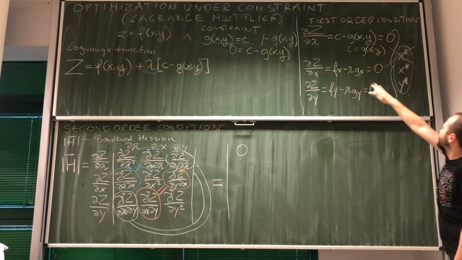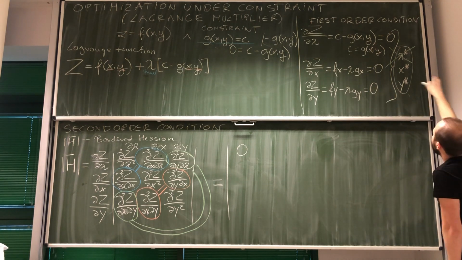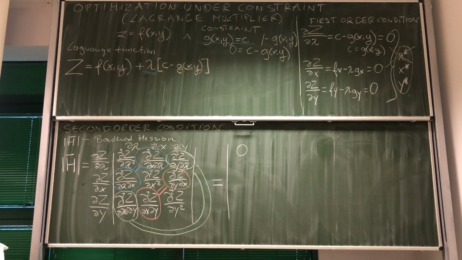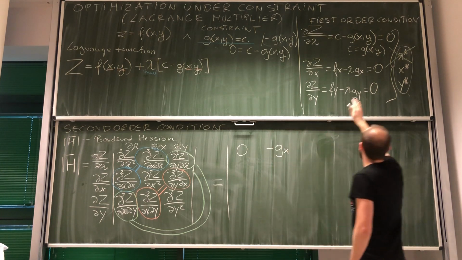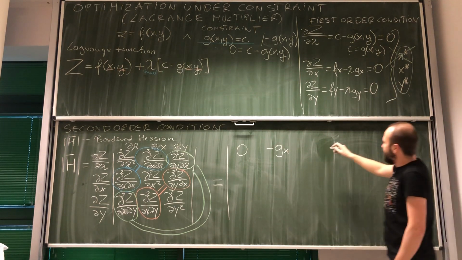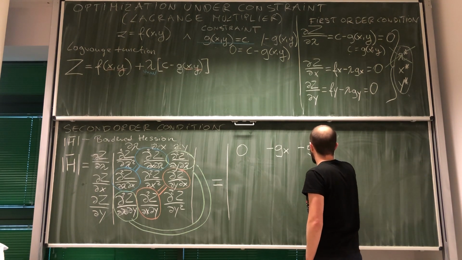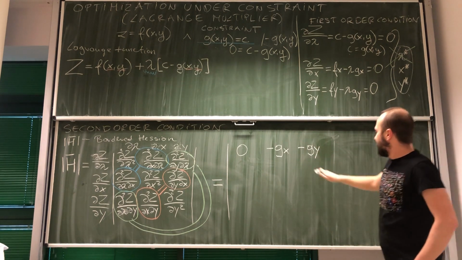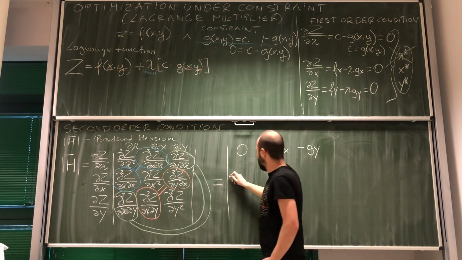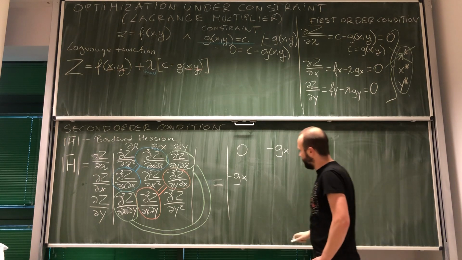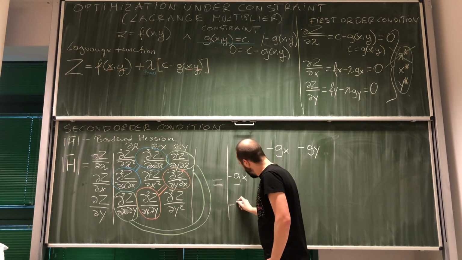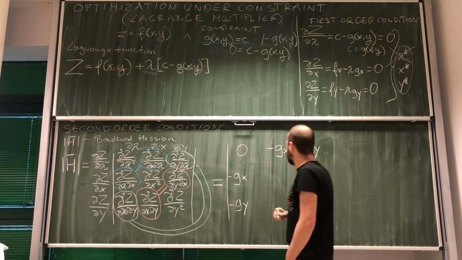Now, if I'm going to differentiate the first derivative with respect to lambda with respect to x, I'm going to get negative gx. And with respect to y, I'm going to get negative gy. Now look, now that I know that negative gx is over here, I know that negative gx is going to be over here. Negative gy is over here. I know that negative gy is going to be over here.